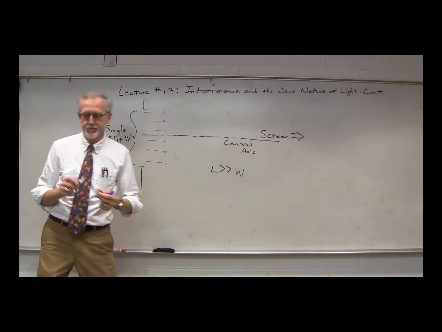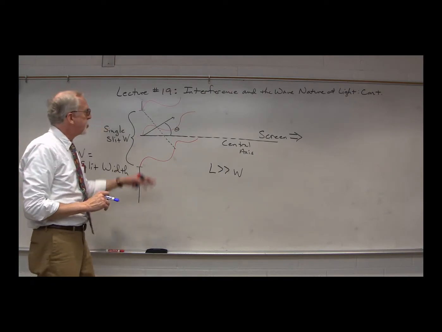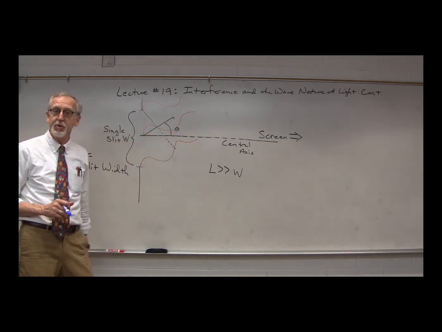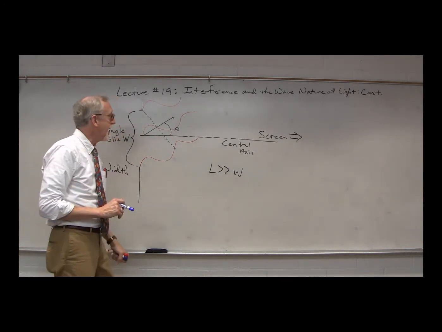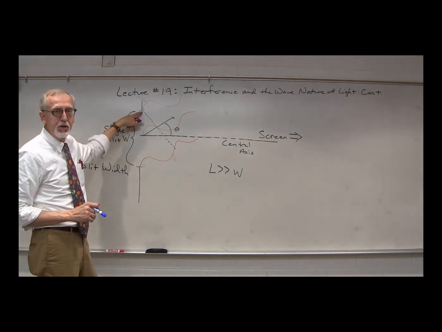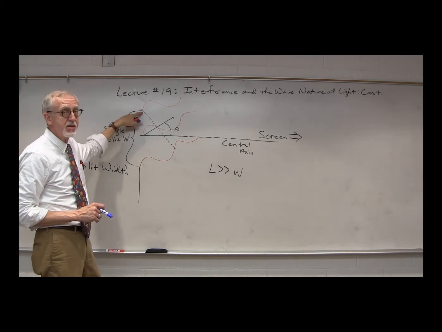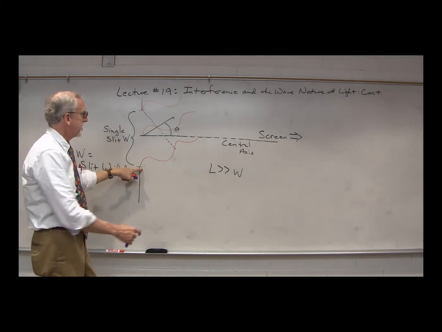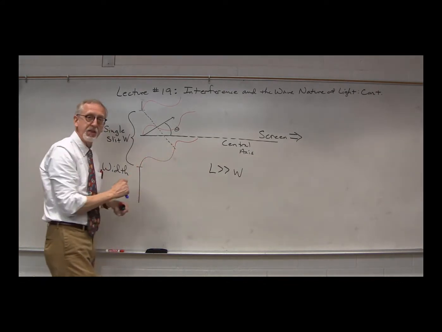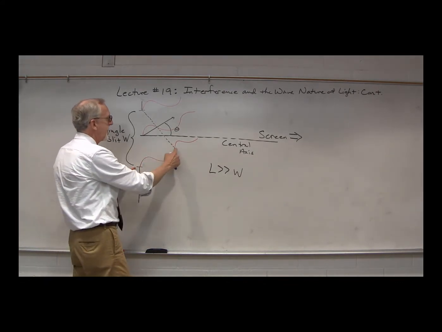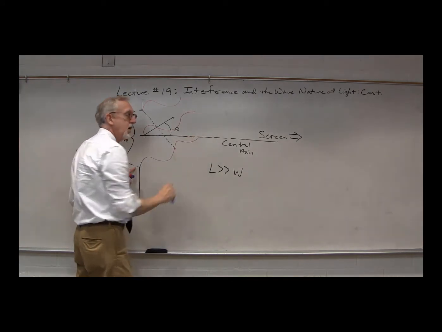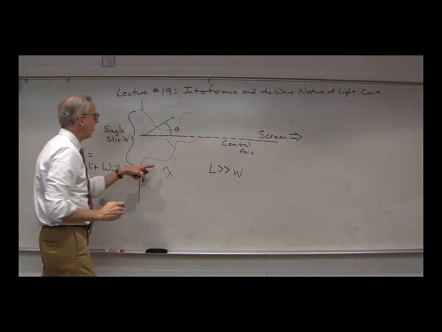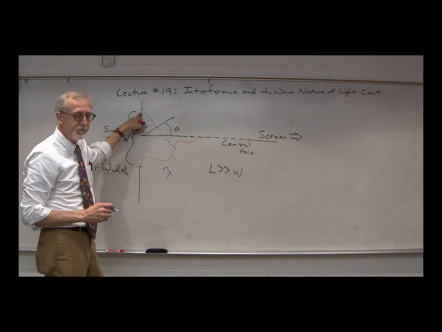Let's imagine we're looking at a point on the screen at an angle theta above the principal axis, such that the path difference between a ray that comes out of the top of the slit and a ray that comes out of the bottom of the slit is one full wavelength. In other words, the ray at the bottom has to go an additional complete wavelength lambda farther than the wave coming out the top.